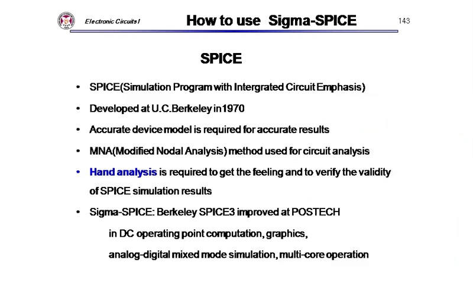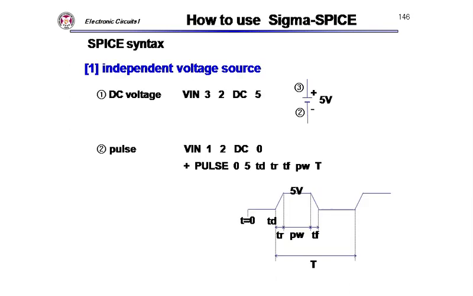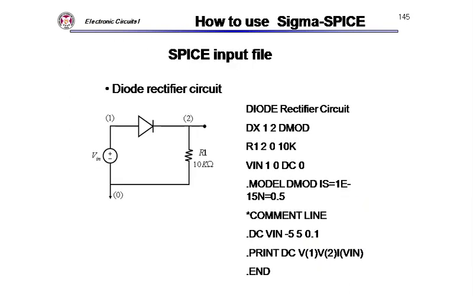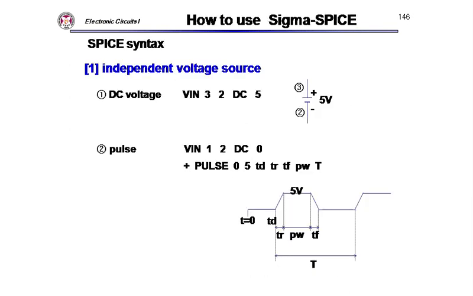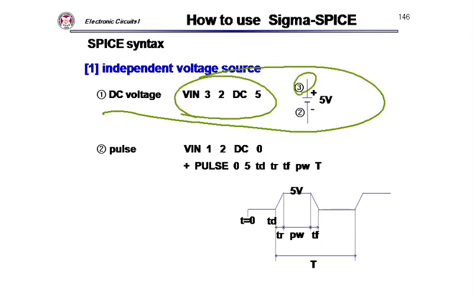Yeah, surprise. You need a hand analysis, right? So I think this is some diode circuit. So yeah, voltage source. This is a DC voltage source. Node number DC5. This is a pulse waveform. Node number DC0. Pulse 0 to 5. Delay time, rise time, fall time, pulse period.